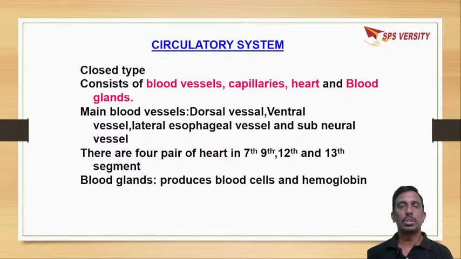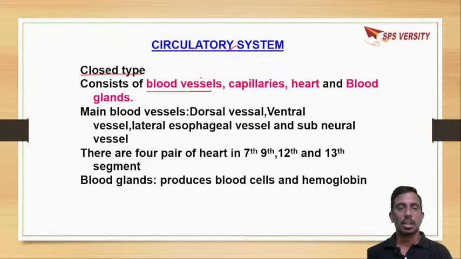Next, when you come to the circulatory system, it is of closed type. Closed means it has blood vessels, so it consists of blood vessels, capillaries, heart and blood glands.